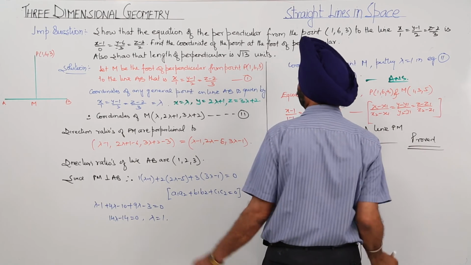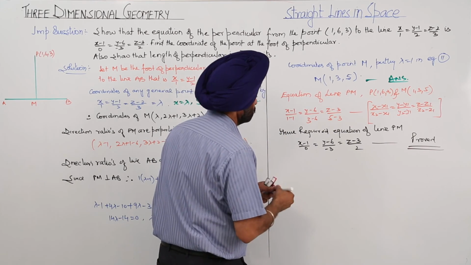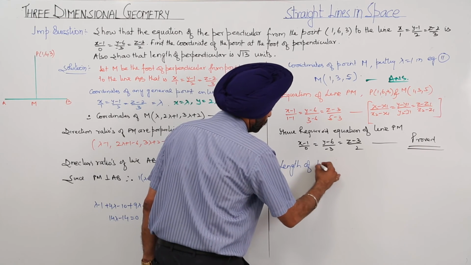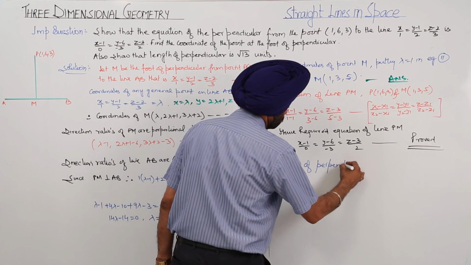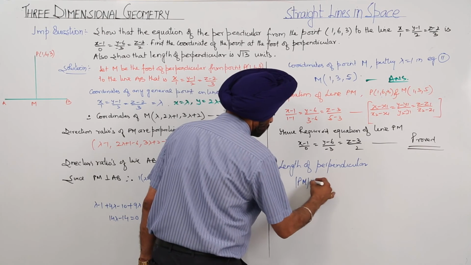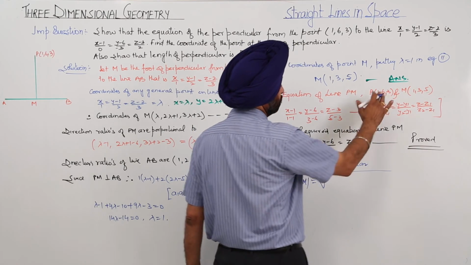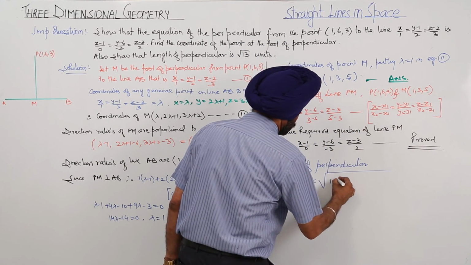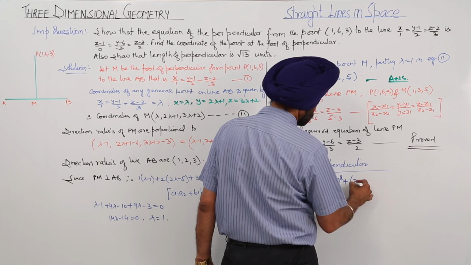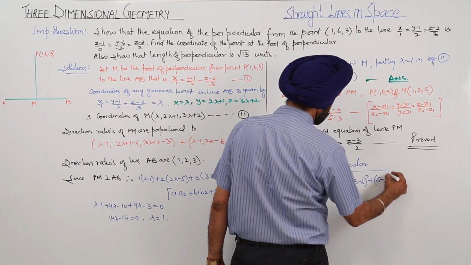Then lastly we have to show the length of the perpendicular. Length of perpendicular, that is PM, is equal to, again with coordinates P and M, the square root of 1 minus 1 whole square plus 3 minus 6 whole square plus 5 minus 3 whole square.